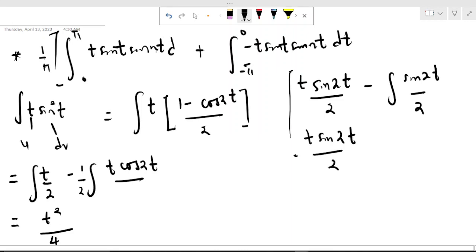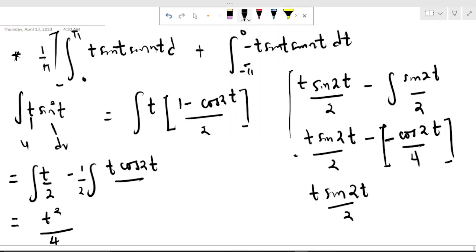Now integrating sine 2t, we get minus cos 2t over 2, making the entire thing minus cos 2t over 4. And when you expand, you have t sine 2t over 2 plus cos 2t over 4.